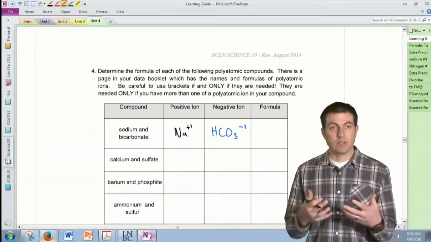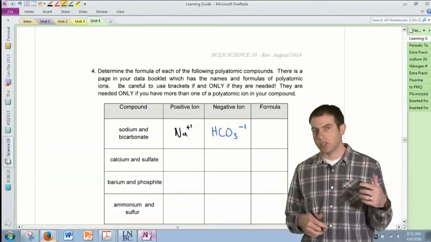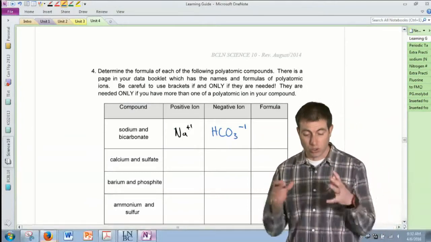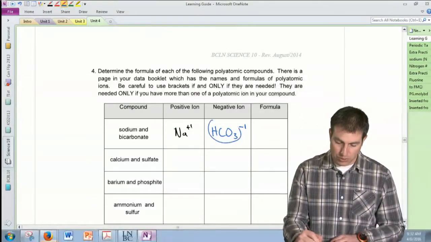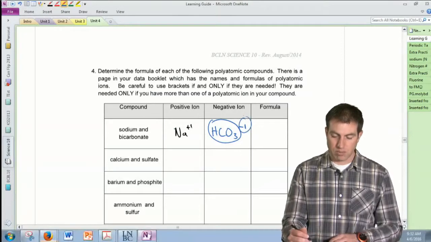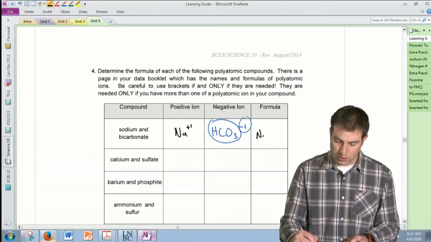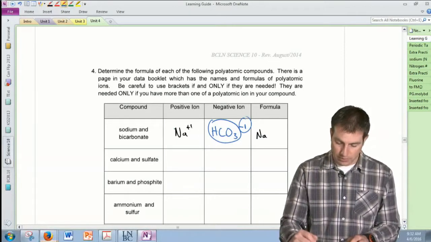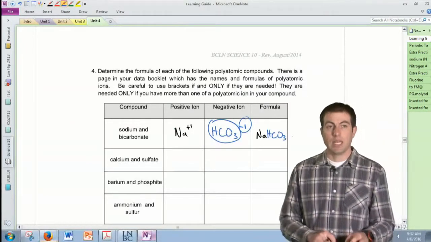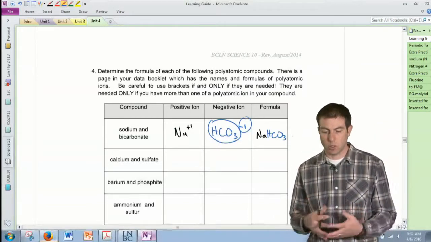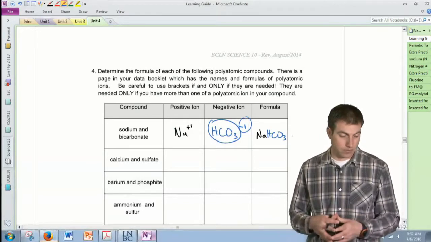We need to combine these things together. You can think of crisscrossing the charges, you can think of balancing it out. If one has a charge of +1, this group HCO3 has a charge of -1. So what is that going to look like together? You're going to have your metal first, and then you're going to have bicarbonate. And the 3 is part of that. It stays with it, and that's just kind of what it looks like.